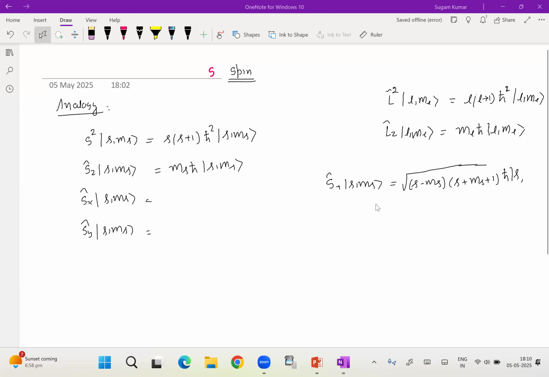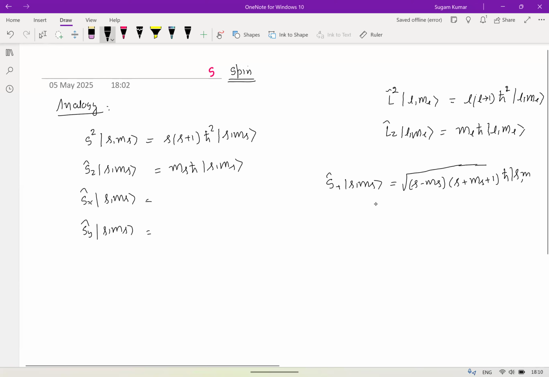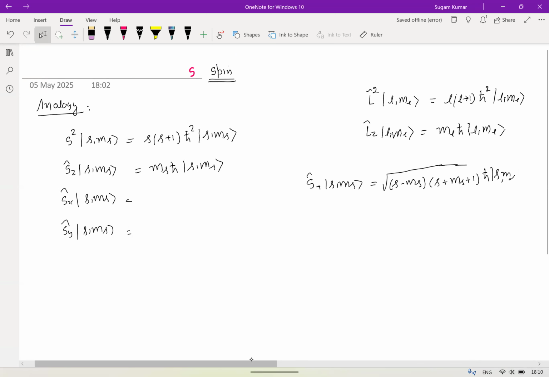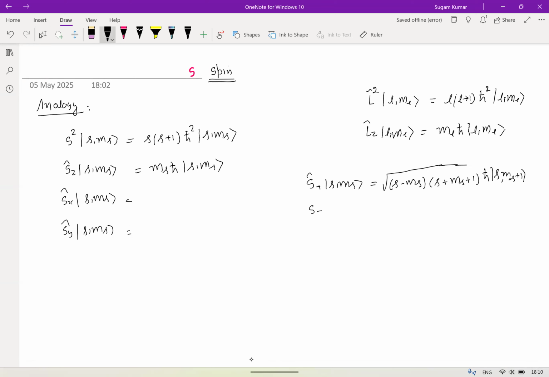And here it will be m_s plus 1. And similarly, S negative we can define. Everything is the same, but here the sign will change.